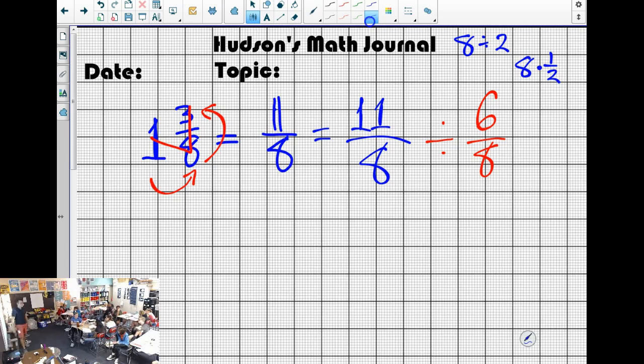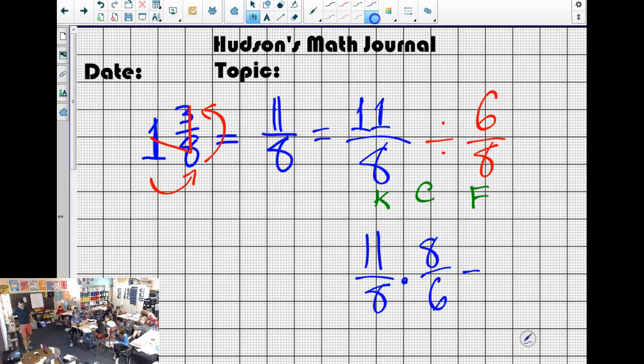Yeah. Thank you. So what Hi did was he kept the first one and changed division to multiplication. But I can't just make division multiplication. I have to then flip the second fraction. So Hi does this. He says 11/8 times 8/6.